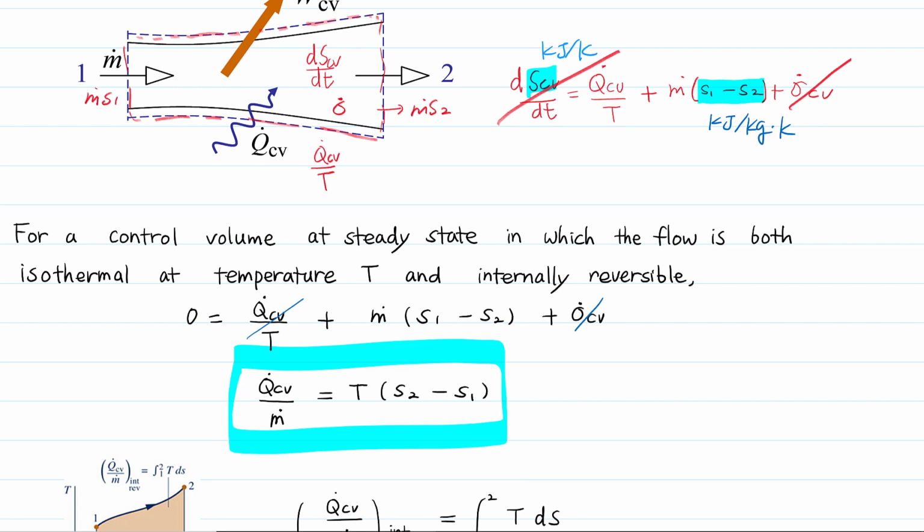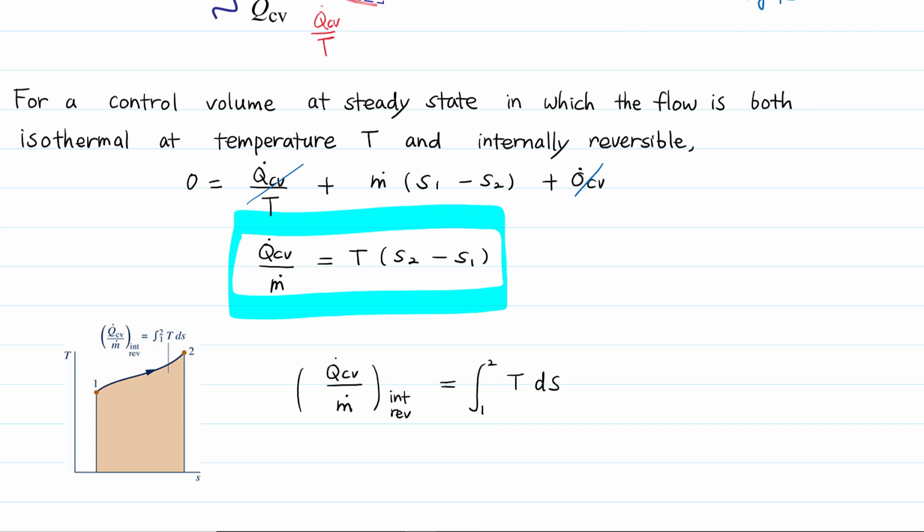The temperature is T. But if the temperature at the boundary varies with location, we can take the integral of the temperature over the entire process.